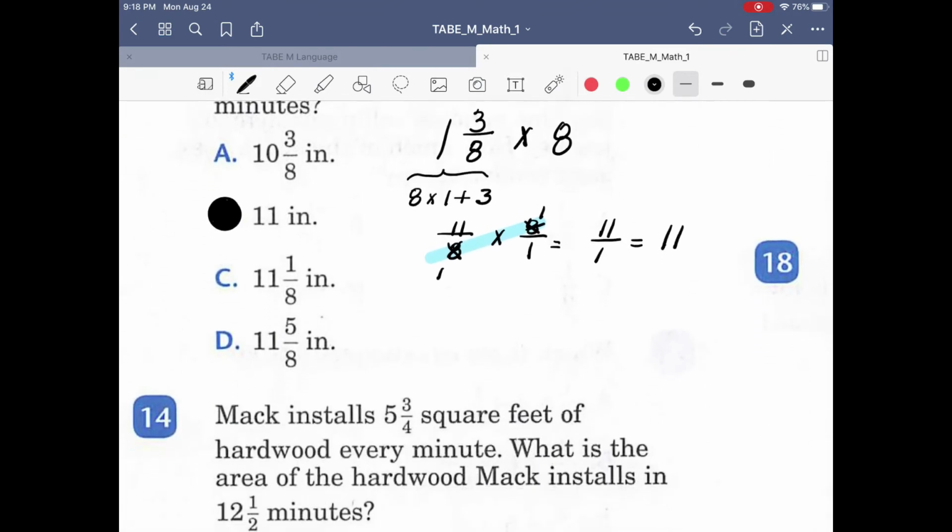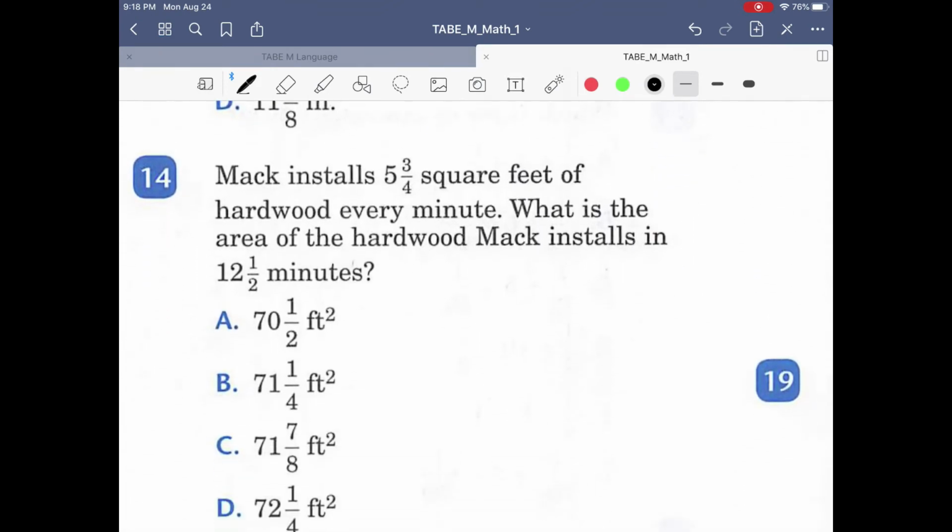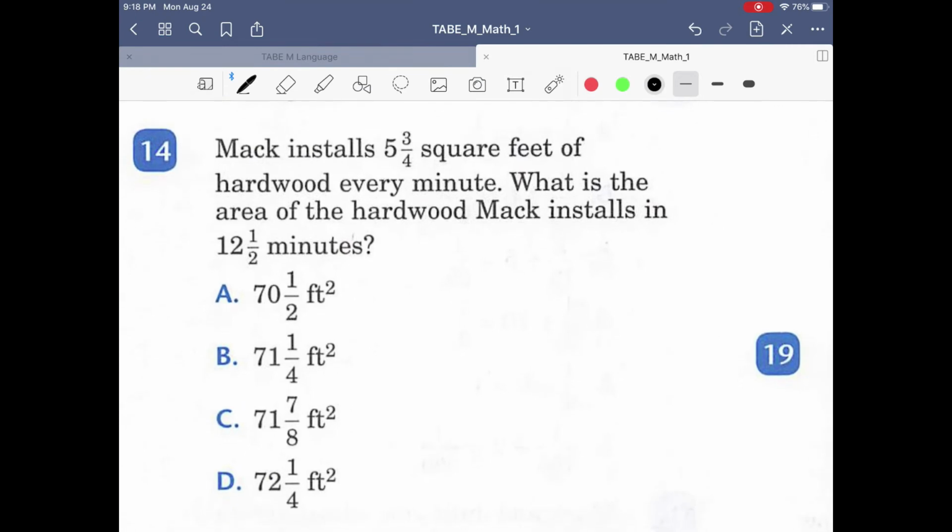Number 14. Mac installs 5 3/4 square feet of hardwood every minute. What is the area of hardwood Mac installs in 12.5 minutes? So he's doing 5 3/4 per minute, and we're going to let him work for 12.5 minutes.